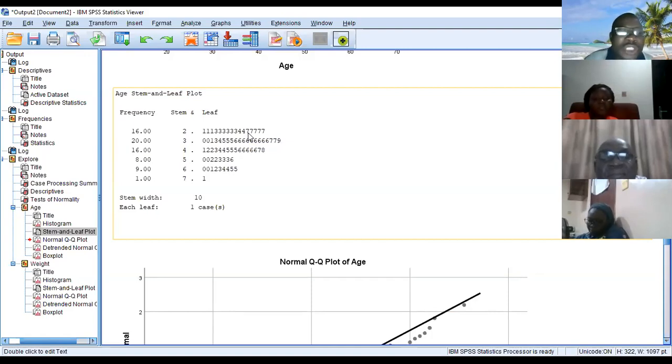For this second one, there are 20 of them: 30, 30, 31, 34, 34, 34, 33, 34, 35, 35, 35, 36. That's what it means. Look at only this one: the last one is 7, 1. The age is 71. Here there are 9: 60, 60, 61, 62, 63, 64, 64, 65, 65.